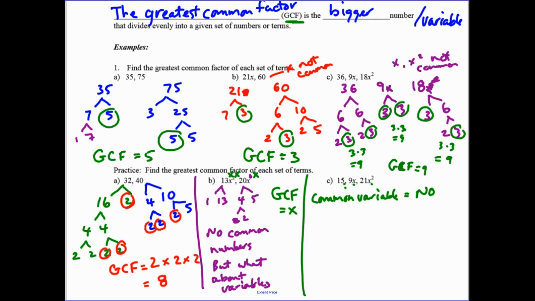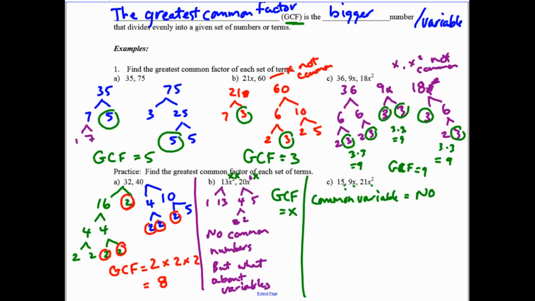There are x and x squared, but they have to be common in each. Now, if you just brainstorm, let's just do this in our head. Can you think of a number that goes into 15, 9, and 21? So, all right, I'm going to pause the video. I want you to think about that, and then I'm going to pull up something that might help.